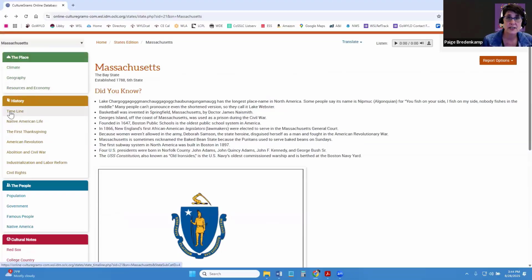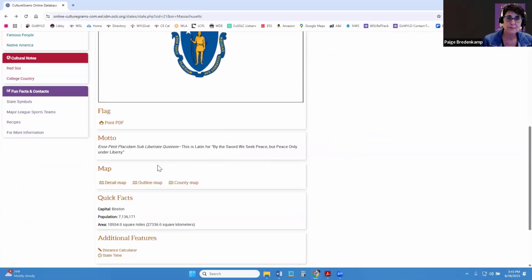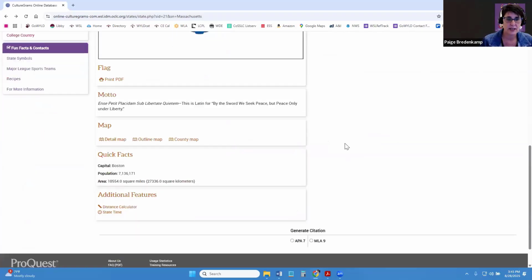There's a timeline of their history. And then as you can see, some different features that highlight important aspects of that particular state in different times. Their motto, which is in Latin, translated means by the sword we seek peace, but peace only under liberty. And this applies to all of the states that are here.